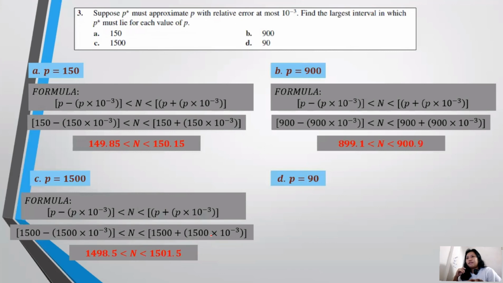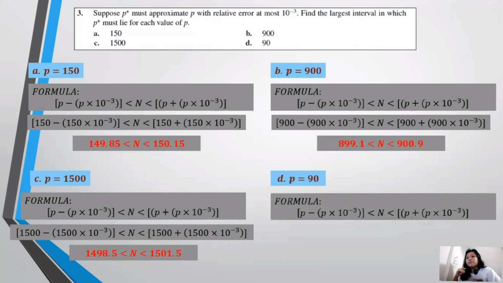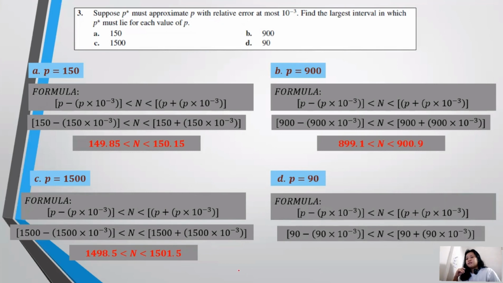So lastly, for the number 3, we have 90. So the same process also, substitute the 90, the value of P. The left side will get the difference between 90 and 90 times 10 to the power of negative 3, and the right side is the sum of 90 and 90 times 10 to the power of negative 3.